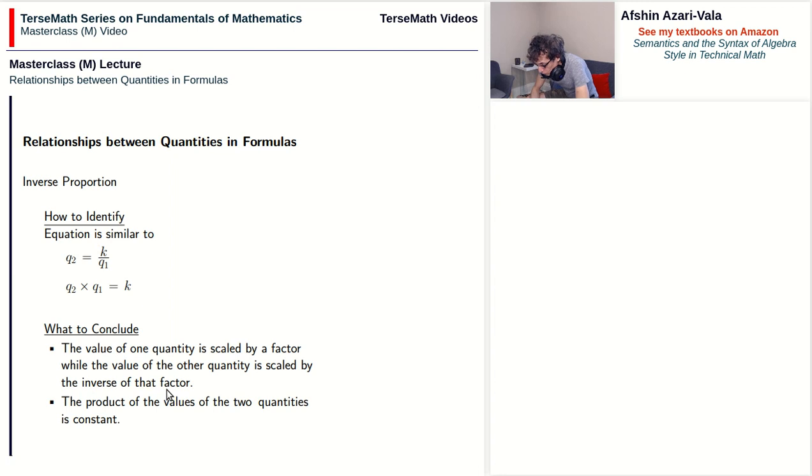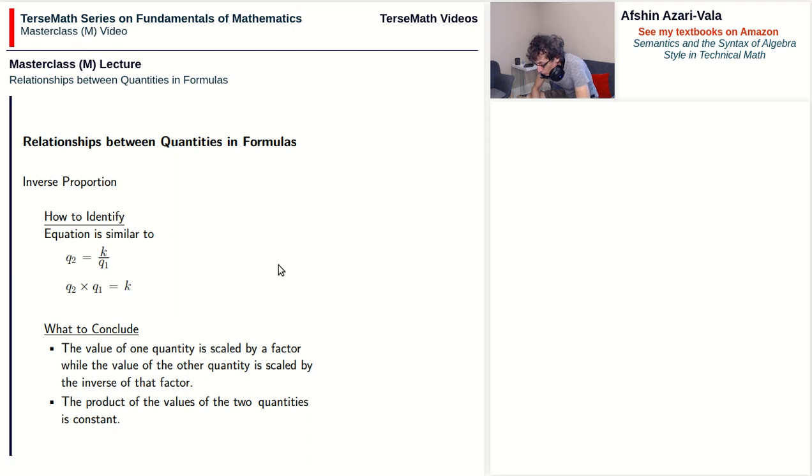For inverse proportion, your equation should be similar to either Q2 equals K over Q1, which is the standard form, or Q2 times Q1 is equal to K, which is the conservation form. If you do have inverse proportion as your relationship, then you can conclude that the value of one quantity is scaled by a factor, while the value of the other quantity is scaled by the inverse of that factor.